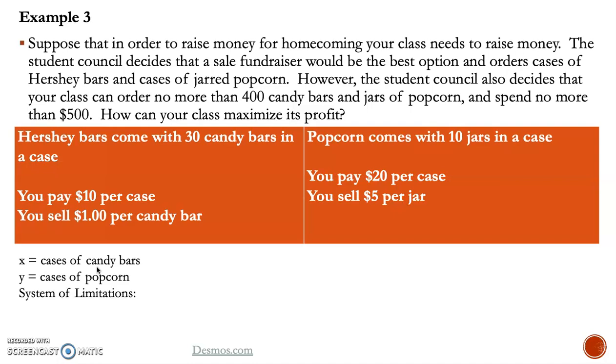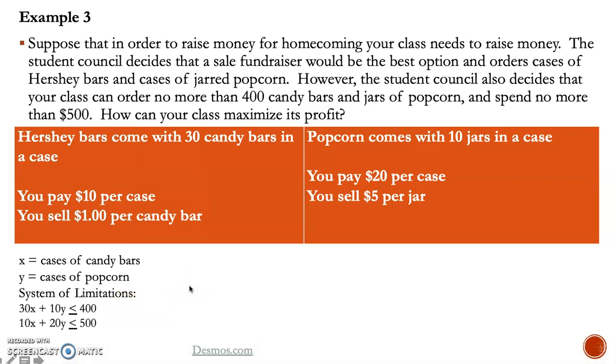So our system of limitations. Notice that we can only order no more than 400 candy bars and popcorn altogether. So there's 30 candy bars in a case, so 30x is our number of candy bars plus 10y is our number of popcorn jars, should be less than or equal to 400.